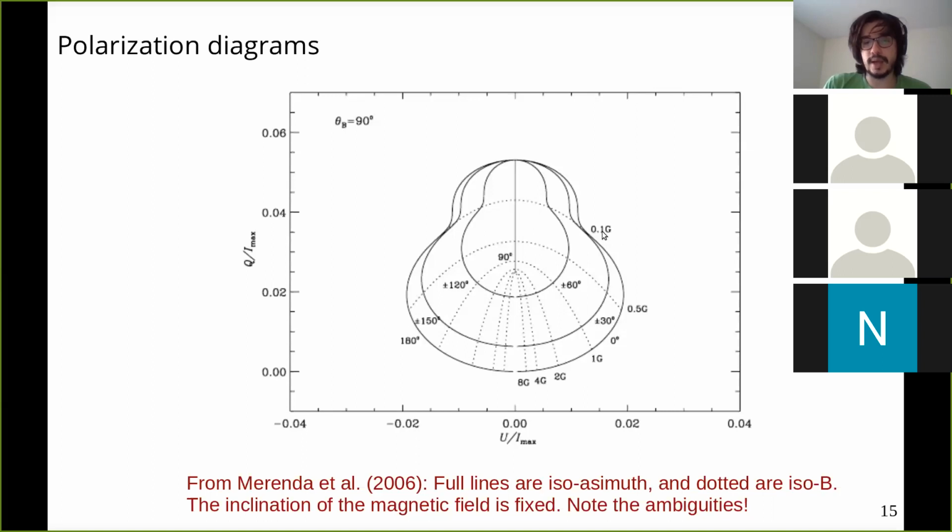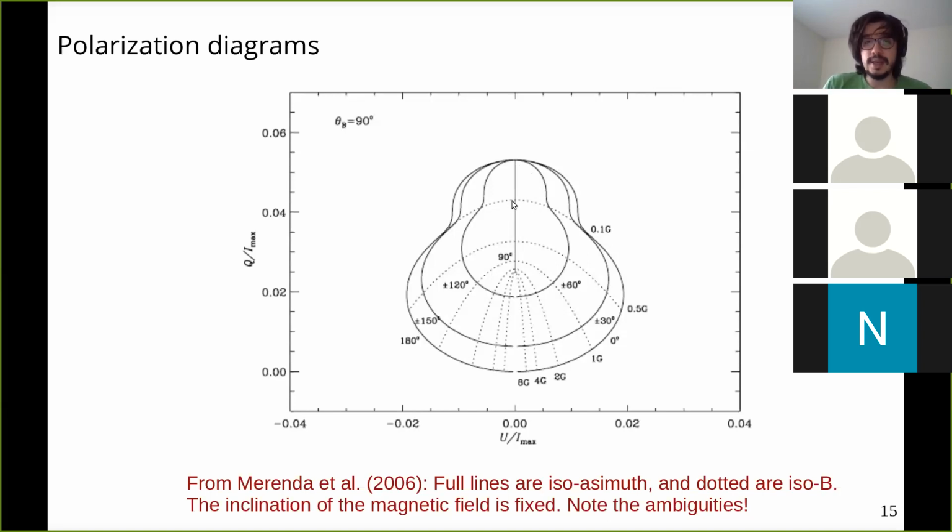Already at 0.1 Gauss for this specific line, my Stokes Q in the case of zero azimuth is substantially decreased. Okay, and let's just focus along this vertical here now, which is for azimuth equals 0. As I'm increasing the magnetic field, my linear polarization is decreasing, but it's not decreasing linearly, right? At some point it saturates, and this is what we call the saturated Hanle effect regime.